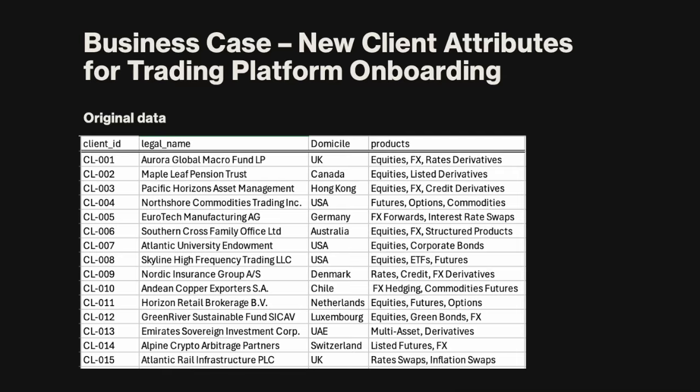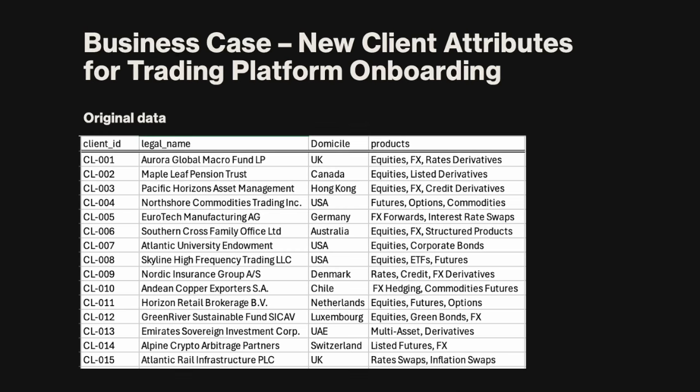Background. The trading platform division currently stores only basic information about trading clients: client ID, legal name, domicile, and products. Risk, compliance and operations teams maintain additional information in spreadsheets and email, for example, know your customer risk rating, regulatory classification, ISDA status.